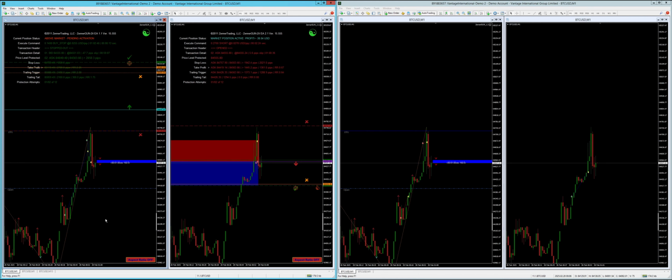So I have moved the stop loss for this counterbalancing order. And we continue to wait for the market to show its direction.